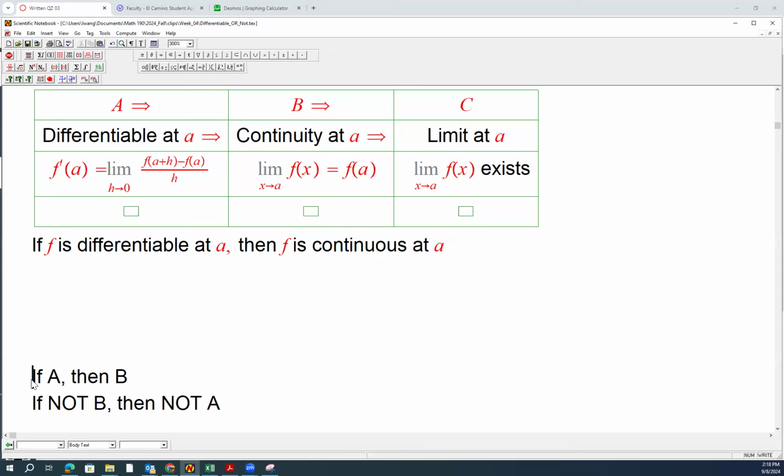So this is the if A, then B. A is that it's differentiable, B is that it is continuous.